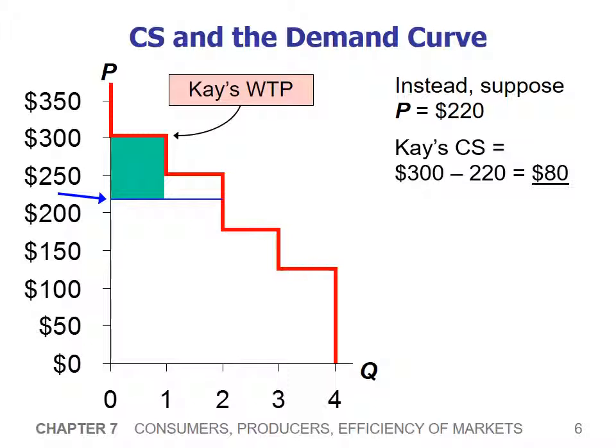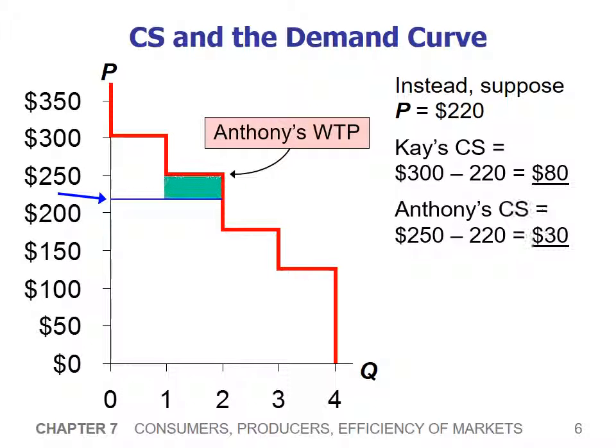So in K's mind, she has made a good deal because she's come out $80 ahead. So K's consumer surplus is 80. And Anthony's, well, his is 30. The difference between what he was willing to pay and what he lands up paying.